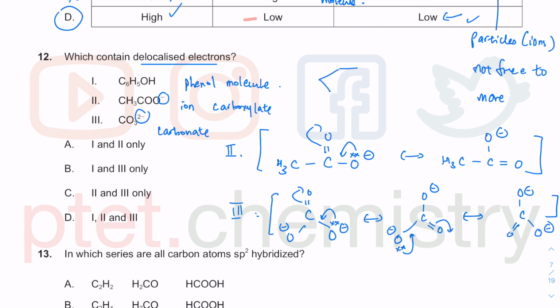We can delocalize phenoxide ions, but then when you look at phenol molecule, the OH activates the benzene ring and increases the electron density inside the benzene ring.